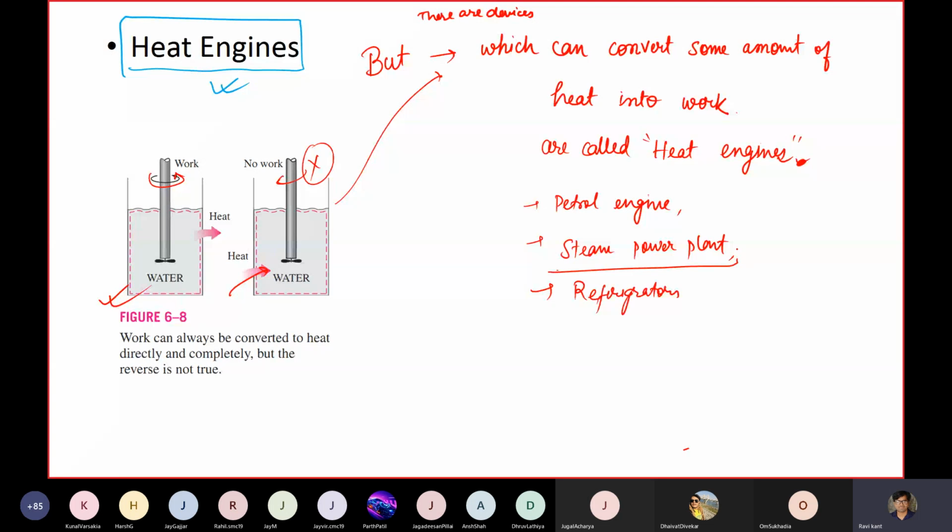We'll see why open: you take the air and mix it with fuel, you burn it, and you leave behind the excess or heated air outside in the environment. So in some sense it is taking work out, but it's an open system, so it does not entirely come under the heat engine. But steam power plants are closely related to heat engines. So all sorts of devices come under this heading of heat engine.